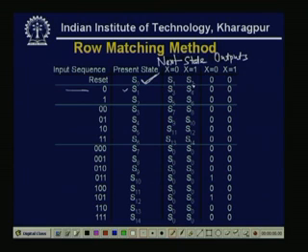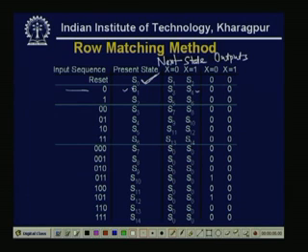Similarly, if a 1 comes, then it will be S4. Now, if it is S2 and x equals 0, it will go to S5, and for 1 to S6, and in each case it will give a 0 output.